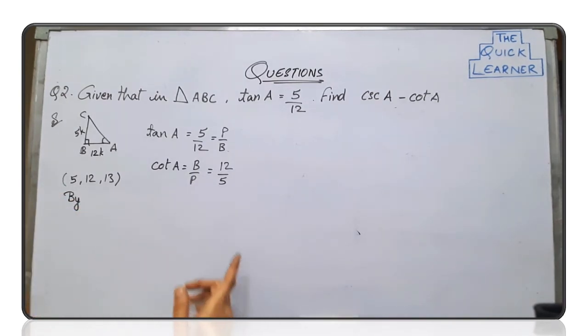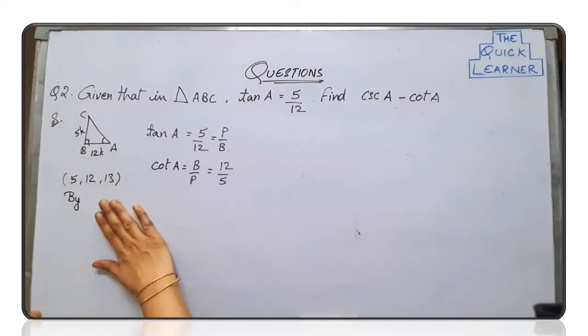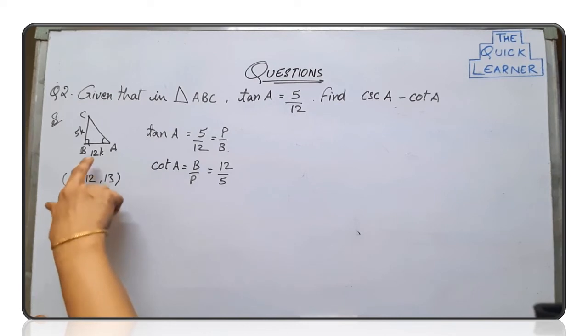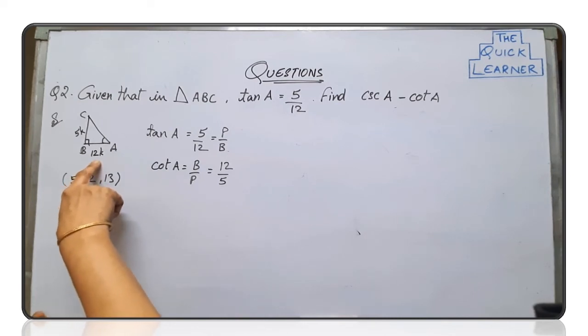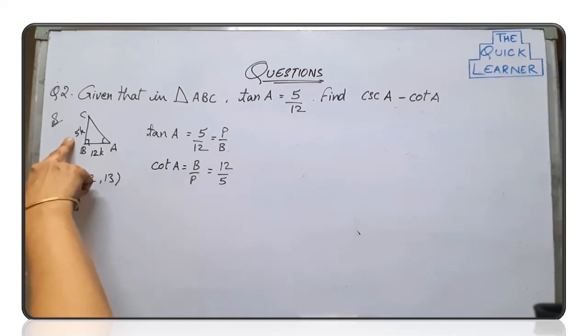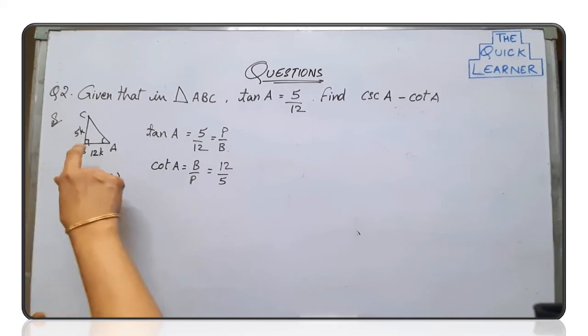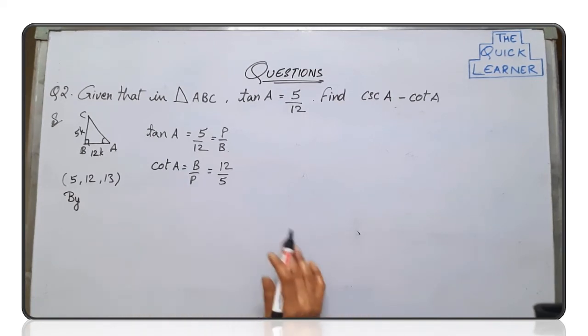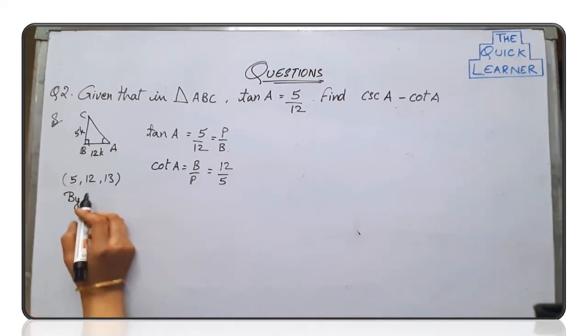Those of you who don't remember the trigonometric triplets, if you can do fast mental calculation, 12 square will be 144, 144 plus 5 square is 25, it will be 169. 169 is the square of which number? 13, right? You can do mental calculation also.